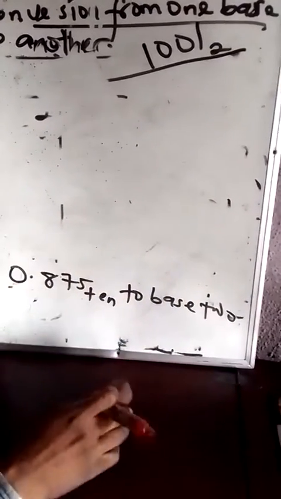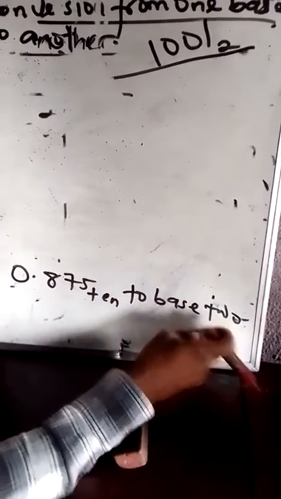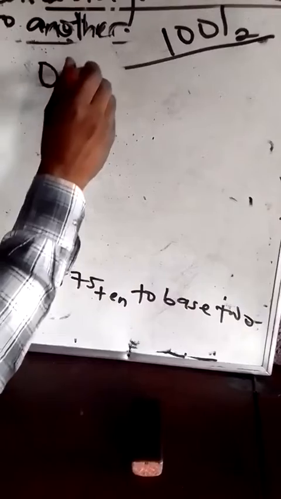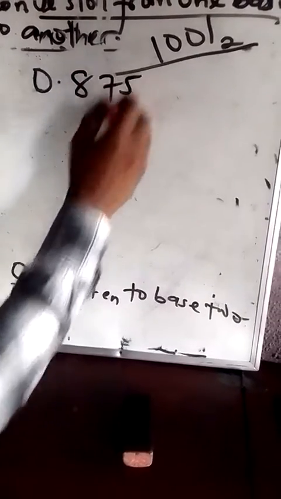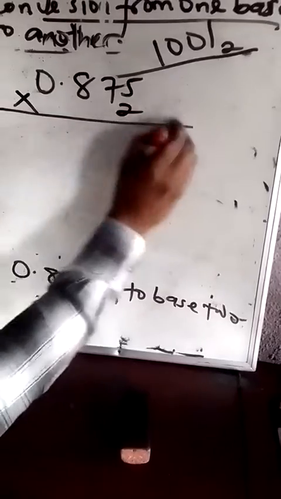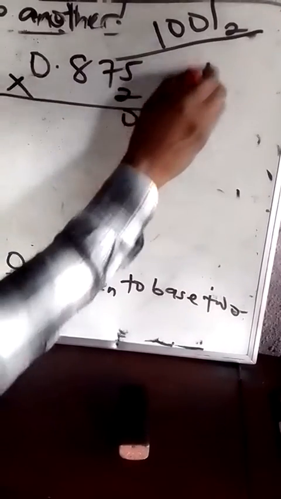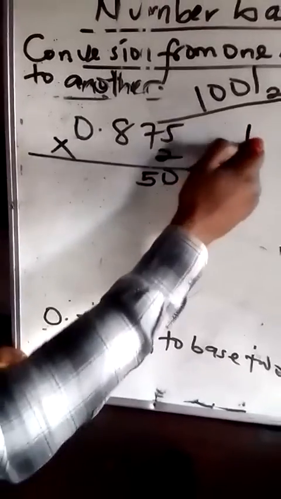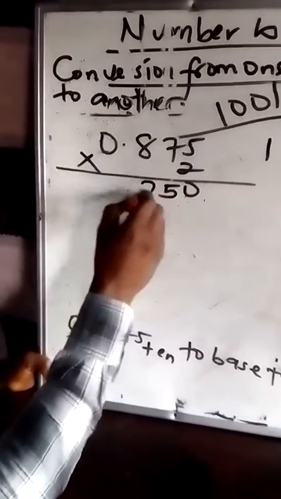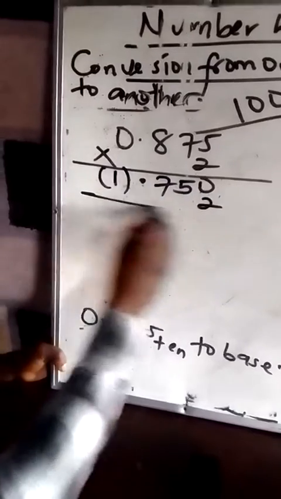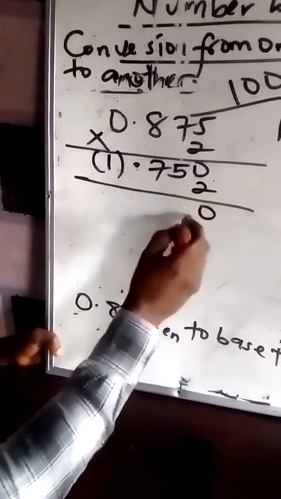I told you when you are converting from base 10 to base 2 it is division, but when you have a decimal like this, you apply the formula, the method I gave you. That will be 0.875 times 2. 2 times 5, 10. Keep 1. 2 times 7, 14 plus 1, 15. Keep 1. 2 times 8, 16 plus 1, 17. So the 1, drop it there. Do that 2 again. 2 times 5, 10.